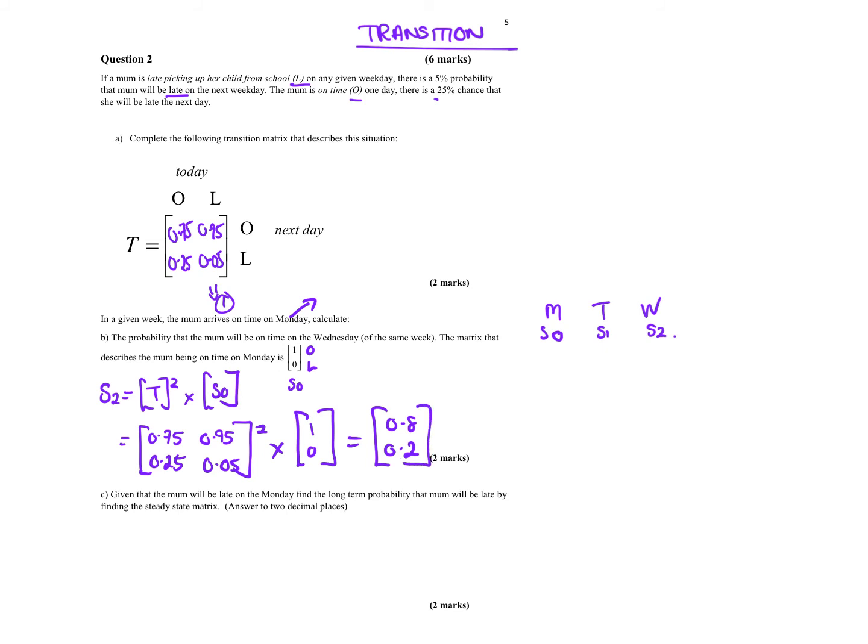Okay, so if you think that was on time, and that was late. So it asks for the probability that mum will be on time. So probability of on time, you can just write the decimal, so it'd be 0.8 is the probability, or 80%, but just leave it as 0.8 because that's what we write for probability.